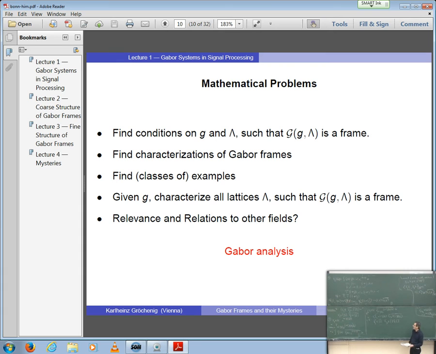And now we are in business. Now we can apply the Poisson summation formula to this function here, on the lattice.